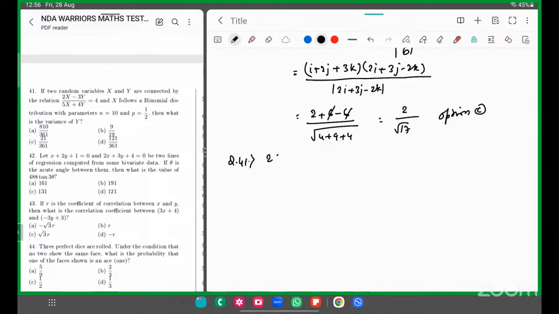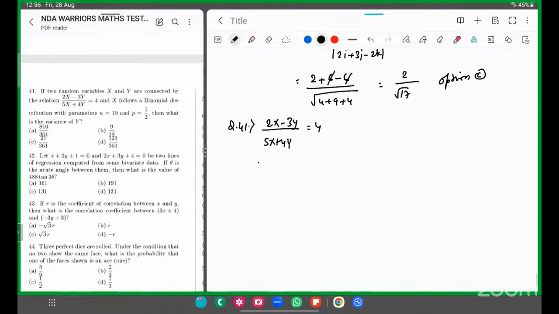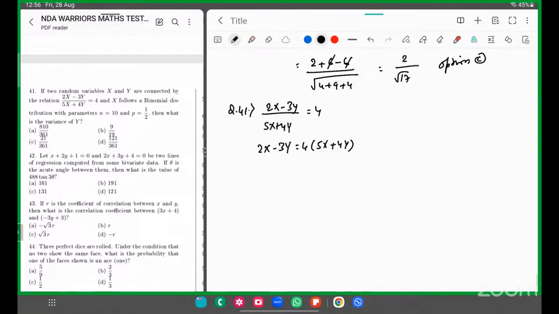They have given 2x minus 3y upon 5x plus 4y equal to 4. If we do the cross multiplication, we are going to get 4 in bracket 5x plus 4y. So it will be equal to 4 into 5, that is 20x plus 16y.